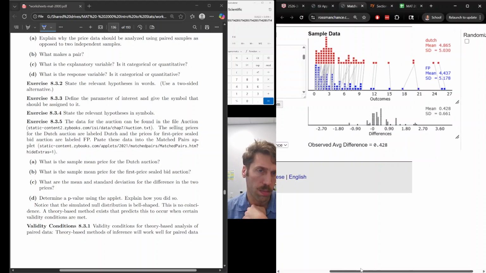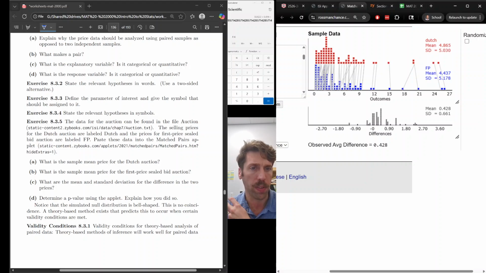But what is the sample mean price for the Dutch auction? For the Dutch, my sample mean is 4.865. What is the sample mean price for the first price sealed bid auction? FP, 4.437 for me, a bit different from you. What is the mean and standard deviation for the difference of the two prices? That's going to be in black: the mean for the difference and the standard deviation for the difference.